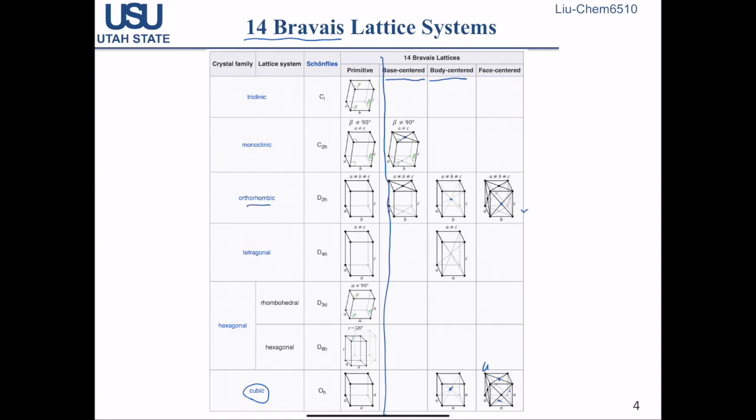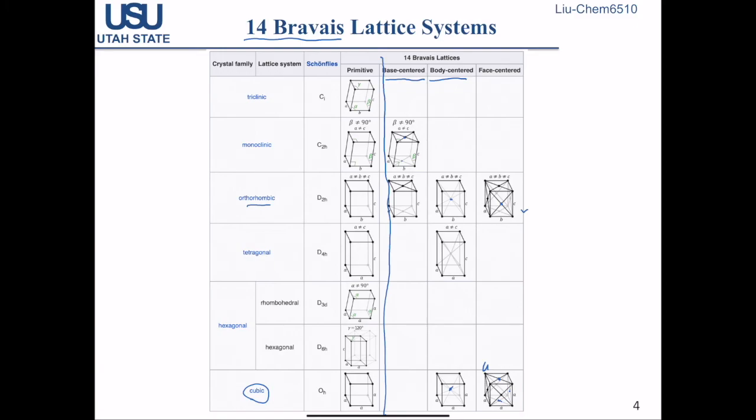So right now I have shown you what a lattice is, what a unit cell is, and how to define a unit cell, using the lengths of the unit cell and the angles defined between two length vectors, okay?